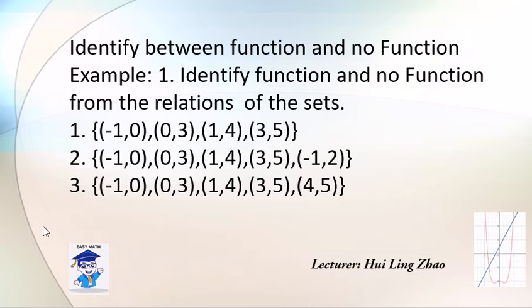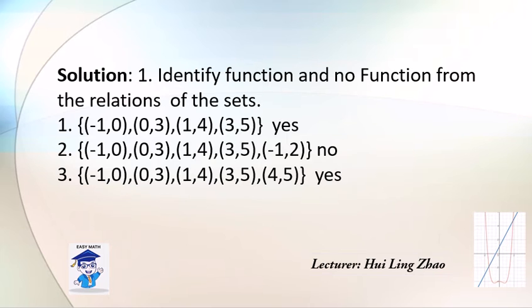Next, we're talking about the example. Identify between the function and non-function. Number 1: (-1, 0), (0, 3), (1, 4), (3, 5). Number 2: (-1, 0), (0, 3), (1, 4), (3, 5), (-1, 2). Last one: (-1, 0), (0, 3), (1, 4), (3, 5), (4, 5). We check one by one.